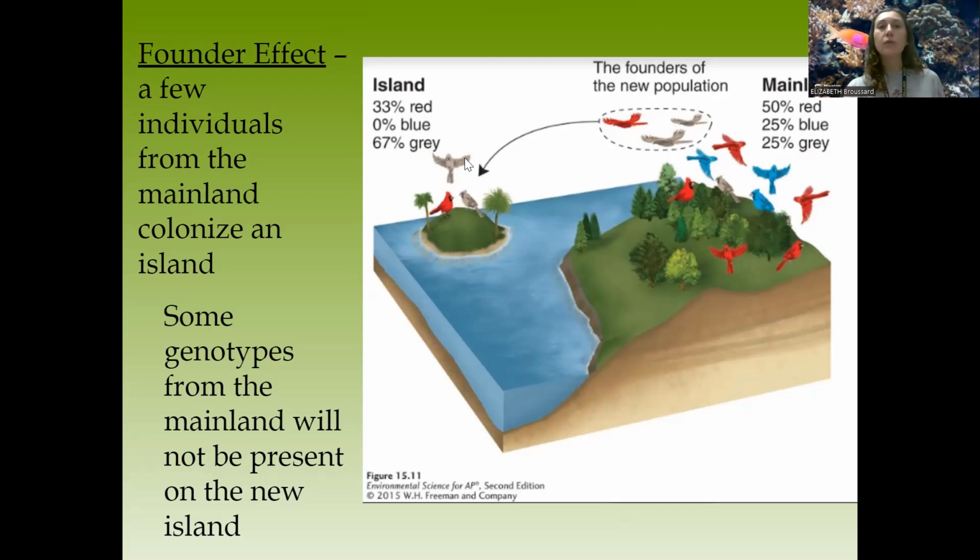So in an area where there weren't any blue, gray, or red cardinals, I now have this influence of genes. However, in my original founding population, no blue birds came over there. So in my new population, I'm only going to have gray and red phenotypes, even though the species has the capability of being blue, because only individuals with those traits actually came over and formed my new population.